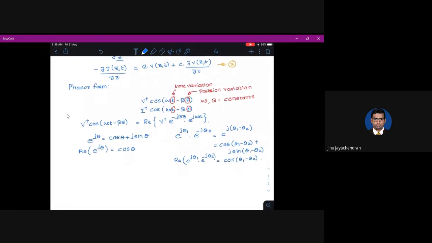So if you apply these two in this equation, you see that the real part of v plus e raised to minus j beta z into e raised to j omega t is equal to the real part of v plus, this is basically theta 2, and this is basically theta 1.